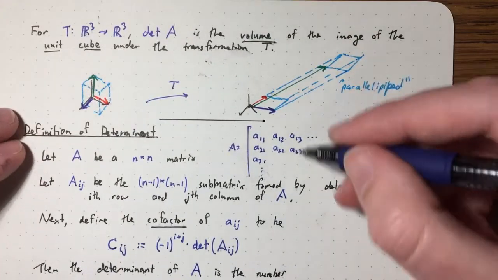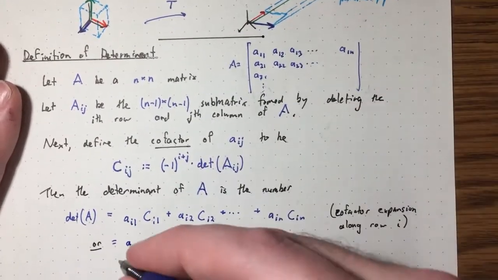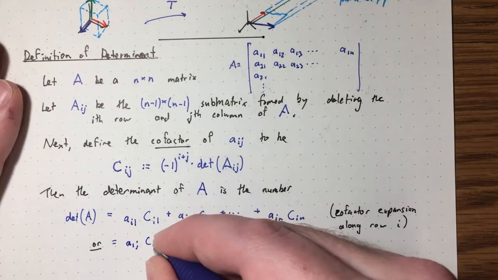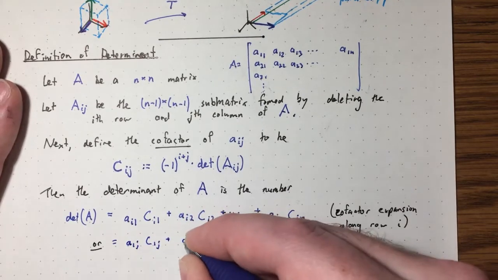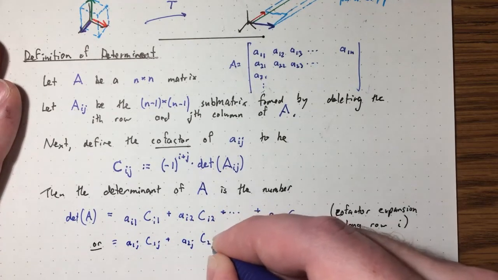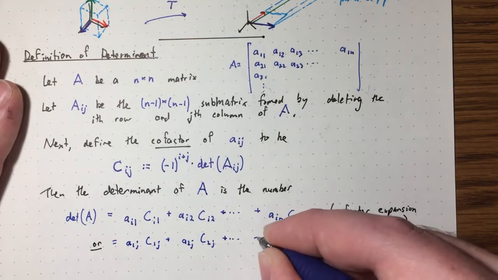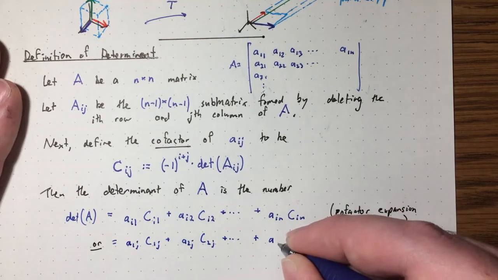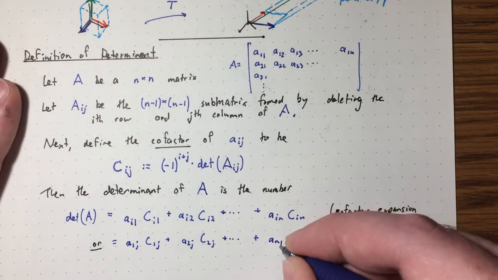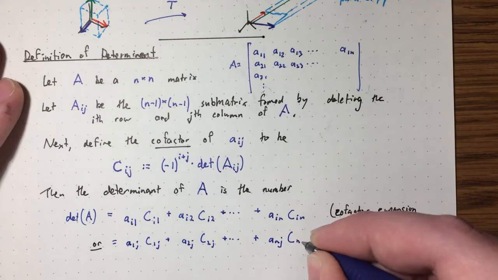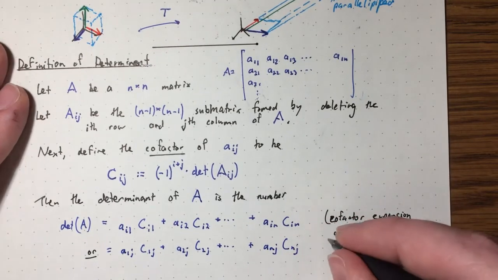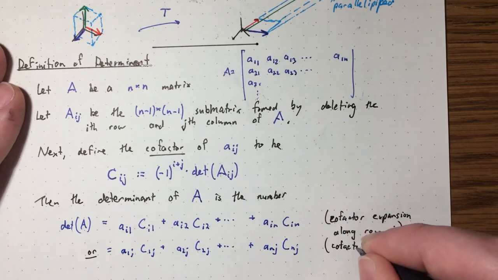So let's do it along the jth column. Then I have A_1j C_1j plus A_2j C_2j all the way up to A_nj times C_nj. Okay, and this is called cofactor expansion.